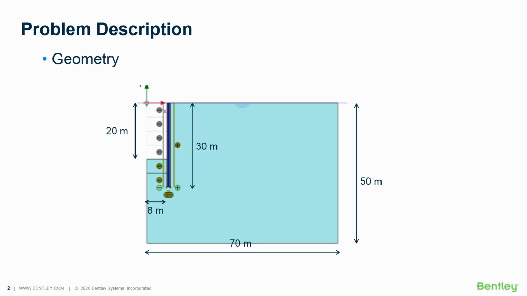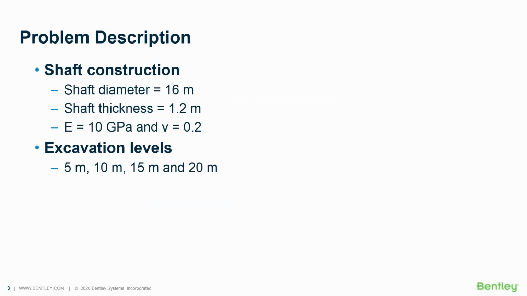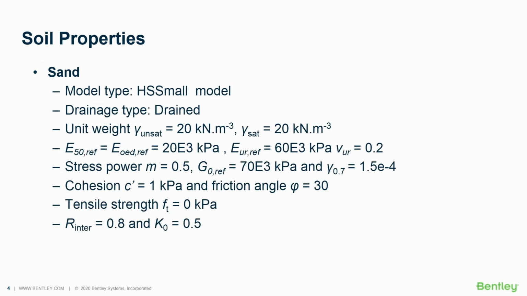The shaft will be modeled by means of solid elements. I will not be using plate elements. I will really be using solid elements to represent the shaft. We will be considering 4 excavation levels in the first place: 5, 10, 15, and 20 meters. The soil model parameters will be just a sand model.